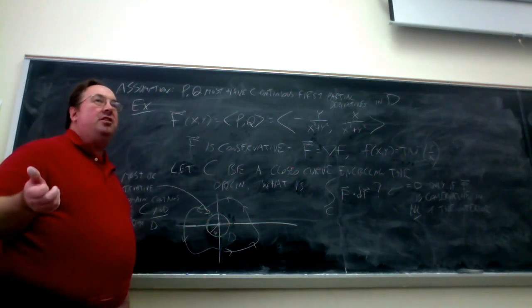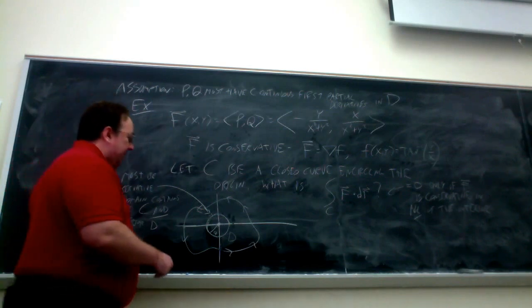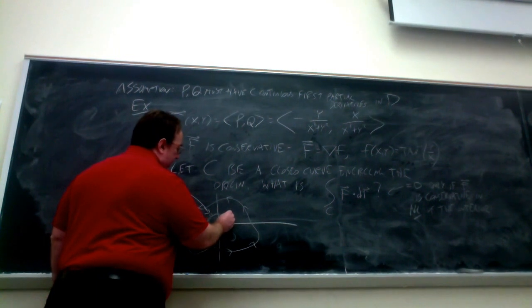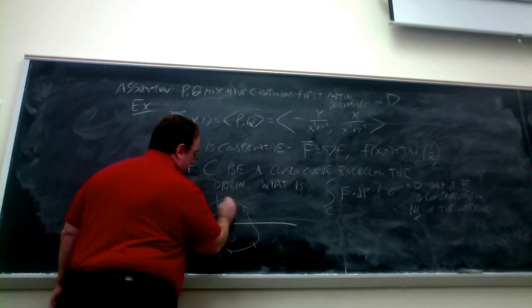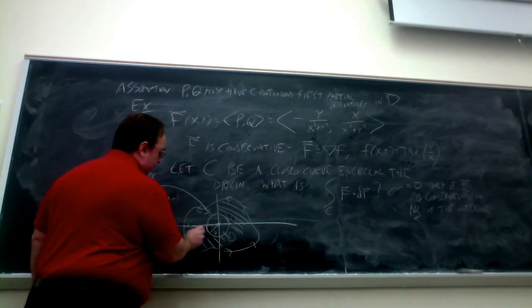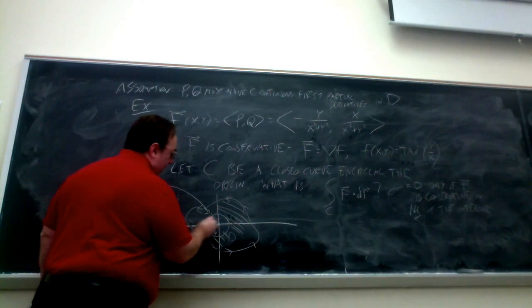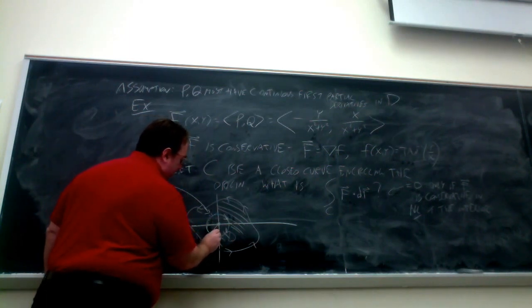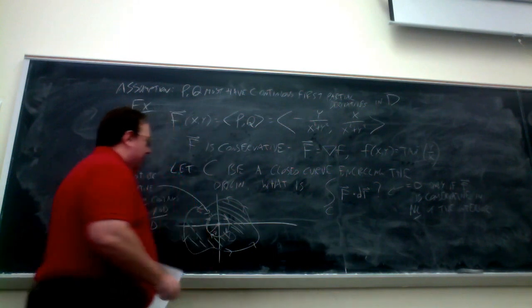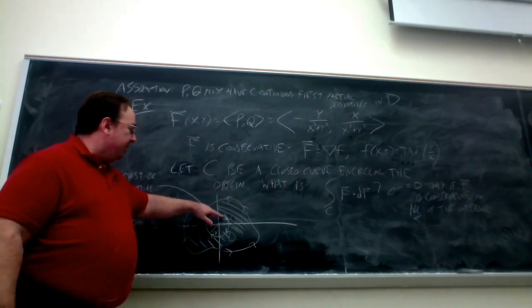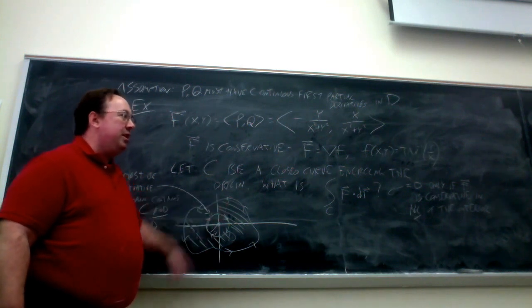And if I choose A sufficiently small, I'll have that. And I need the orientation to be correct. So here, because I want this part out here to be the interior, I'm going to orient the boundary, this interior boundary, clockwise. Again, if you have your little guy walking along the boundary, the interior of the region in question should be on his left.